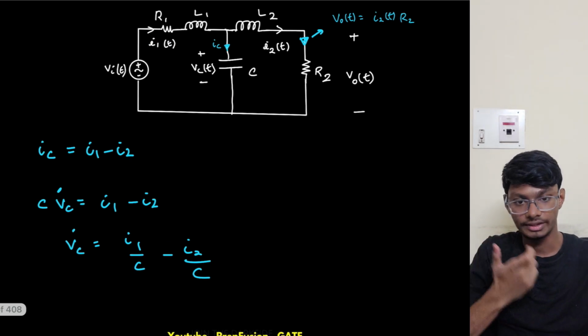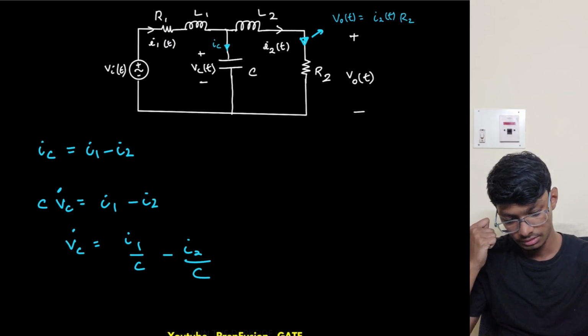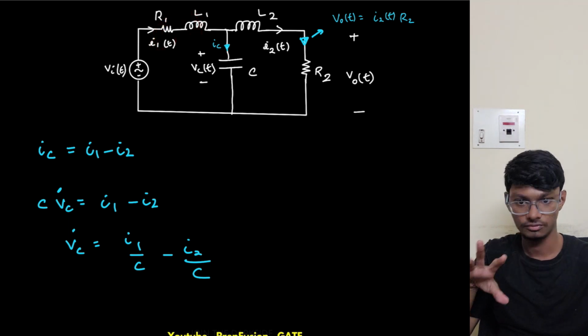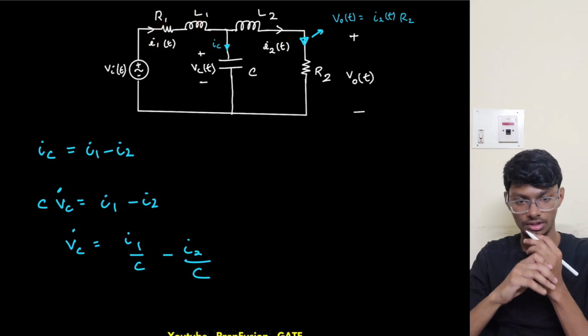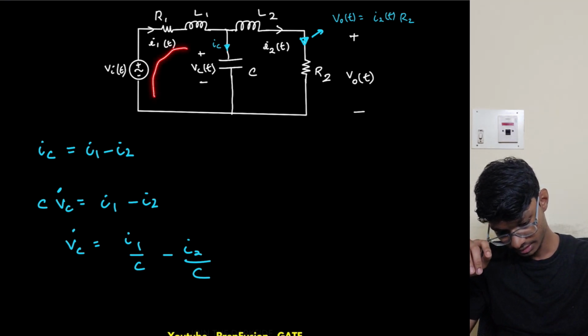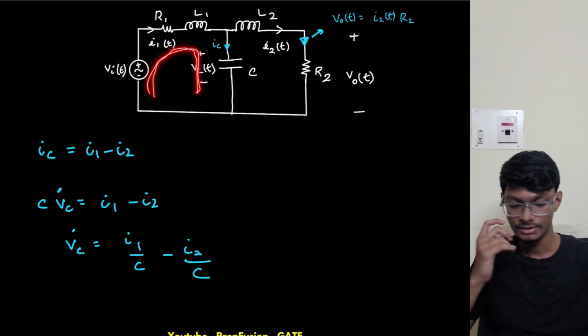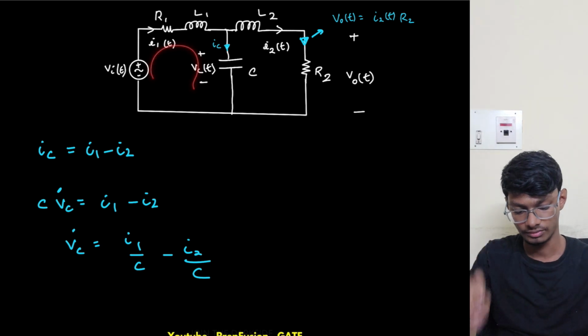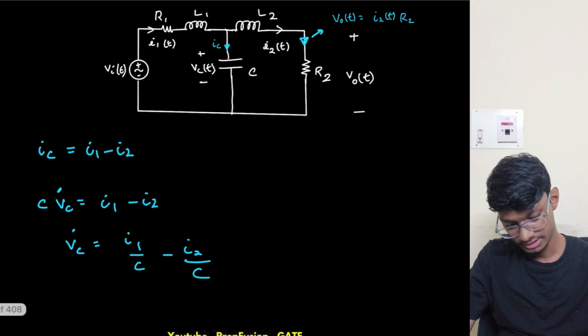Now what can I do for the inductor? Always for an inductor, we have to keep the voltage in mind. So simply write a KVL here. If I write a KVL over here, what will I get? This was the KCL.